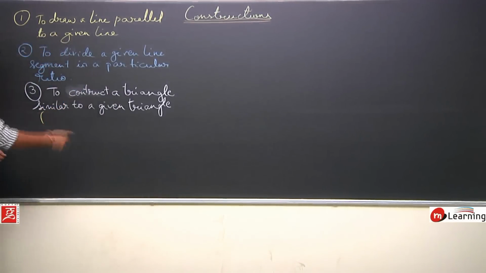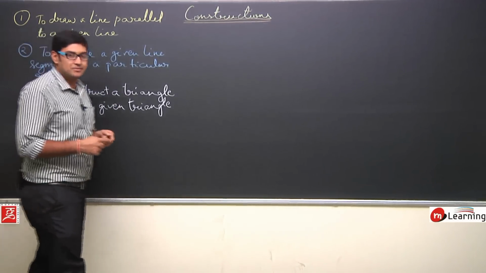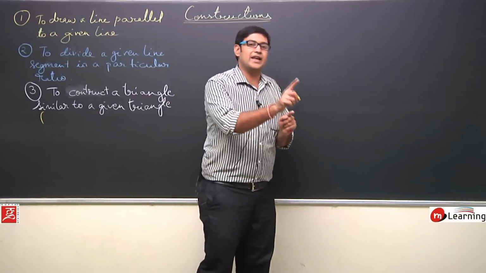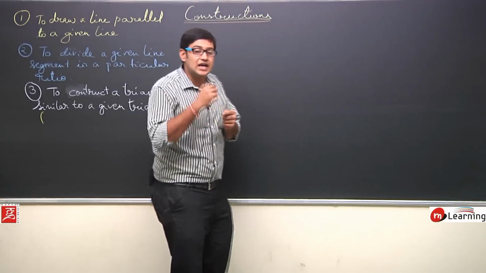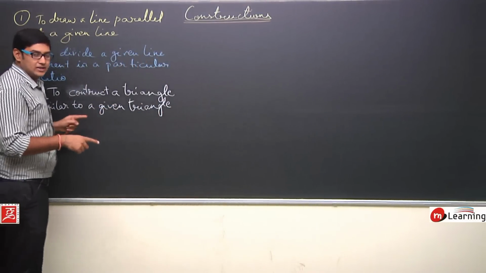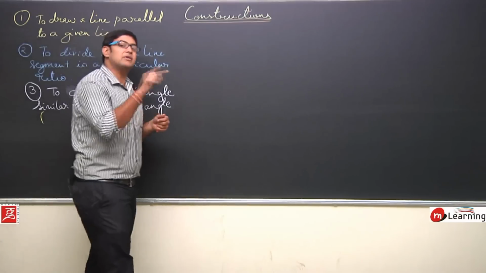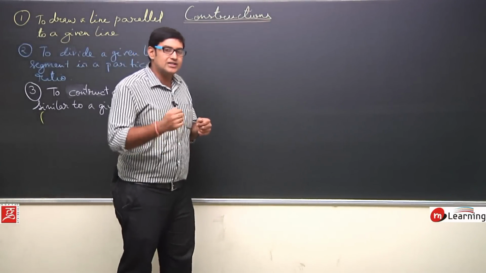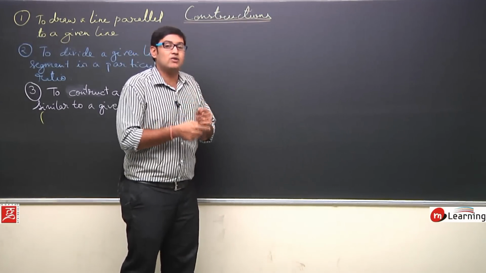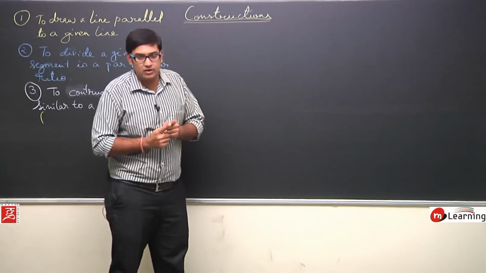the triangle that we are constructing, we know what similar triangles are. In similar triangles the corresponding angles are equal and the sides are proportional. It means if I want to construct a triangle similar to a given triangle, the angles of the new triangle should be equal, the corresponding angles should be equal.